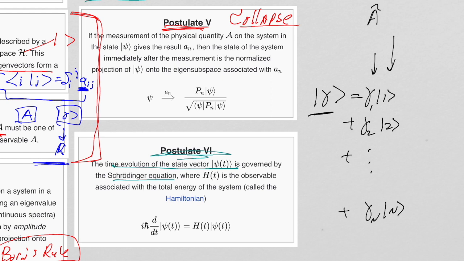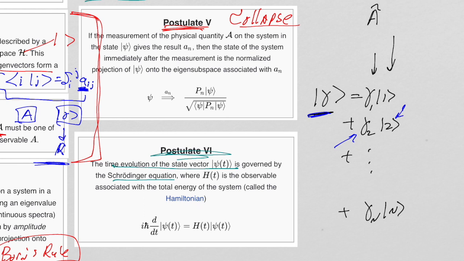And after the measurement, it's going to collapse. This state is going to disappear, and one of these states is going to take over and become the new condition of our particle. And the probability for that to happen is, of course, related to the component, right? That's Born's rule. But the collapse is what says you land in one of these states.